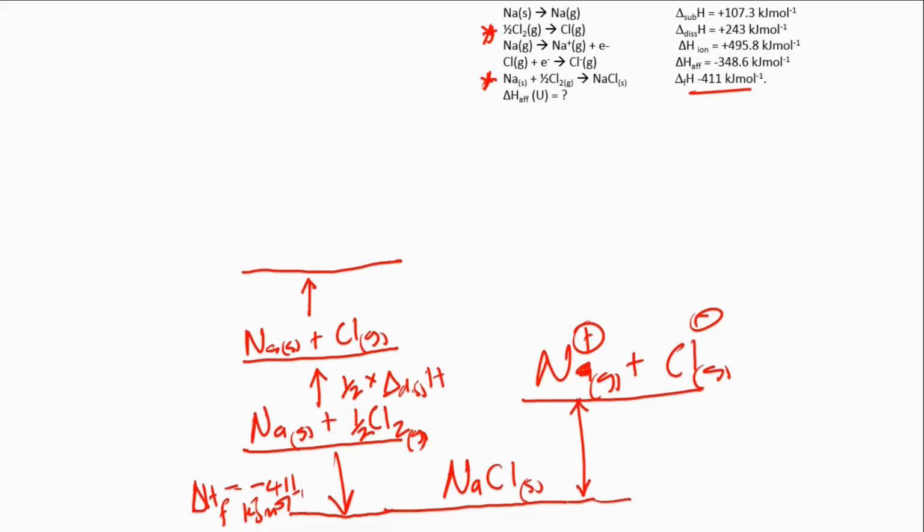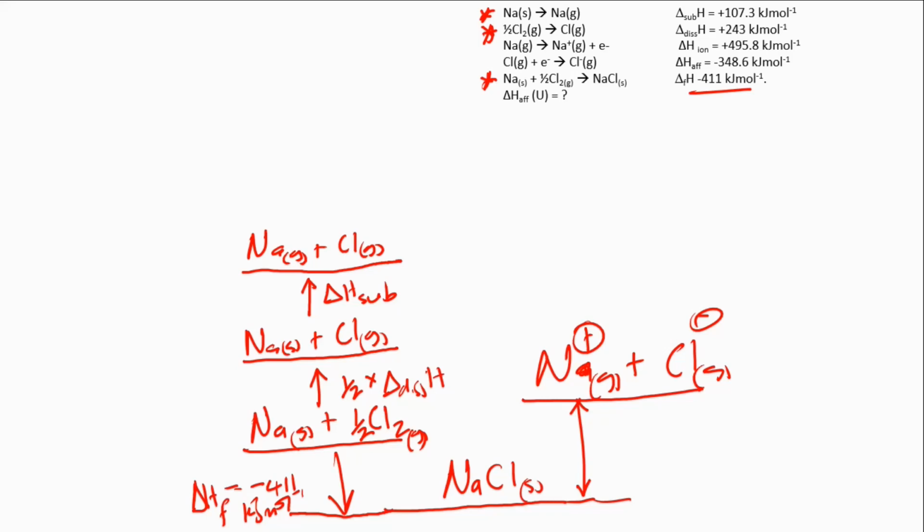And we have the sublimation energy for sodium, so we'll work with that. Okay, so now up here we'll have gaseous sodium atoms and chlorine atoms. So this is delta H sub, or you could put the sub between the delta and the H, or on the right hand side of it. It's really not a big deal.